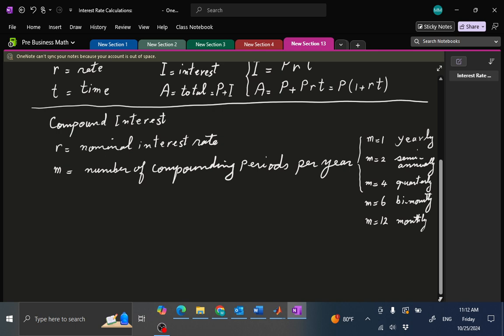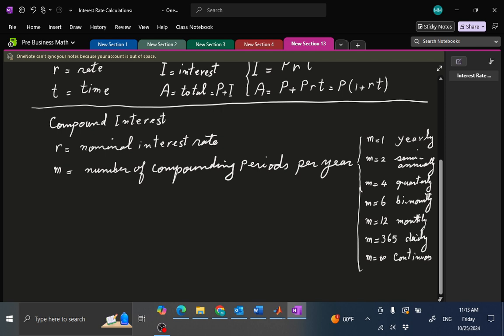You have all sorts of choices. If you are really after this, you can go 365 for daily. And at the limit of how many times a year you want to compound your money, of course, we have infinitely many, which is referred to as continuous compounding. So we have a whole list of choices.